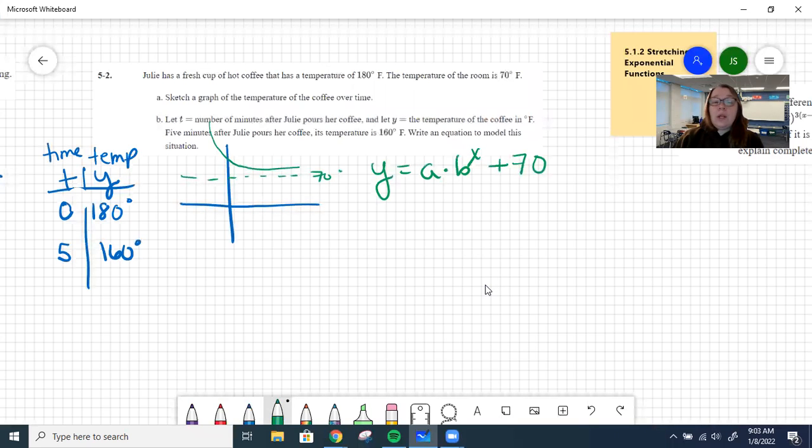Okay, and then we know at time 0, the temperature is 180 degrees. So we can't just throw the 180 in for A because of this vertical shift. It's not quite that simple. But I do know the temperature, so that's my Y value, is 180 degrees when the time is 0. So now you could solve this equation and figure A out, because B to the 0 is just 1.